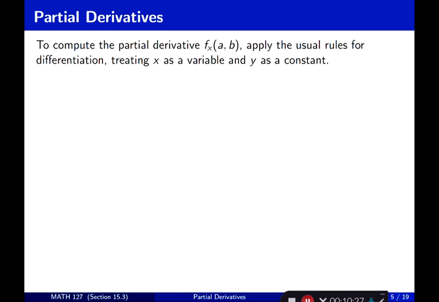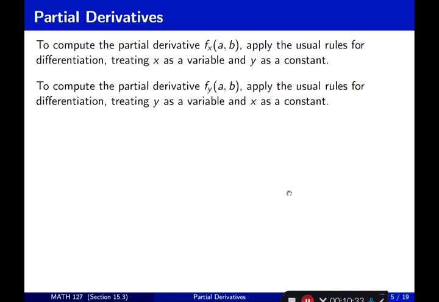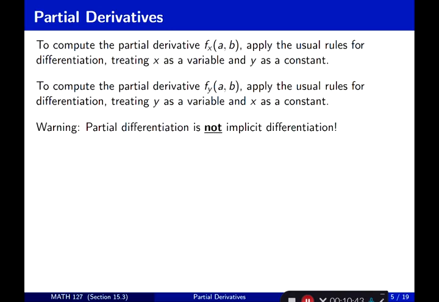So always remember y is the constant. That's important to do every time. To compute the partial derivative f sub y of a and b, we apply the usual rules for differentiation, treating y as a variable and x as a constant. Partial differentiation is not implicit differentiation.